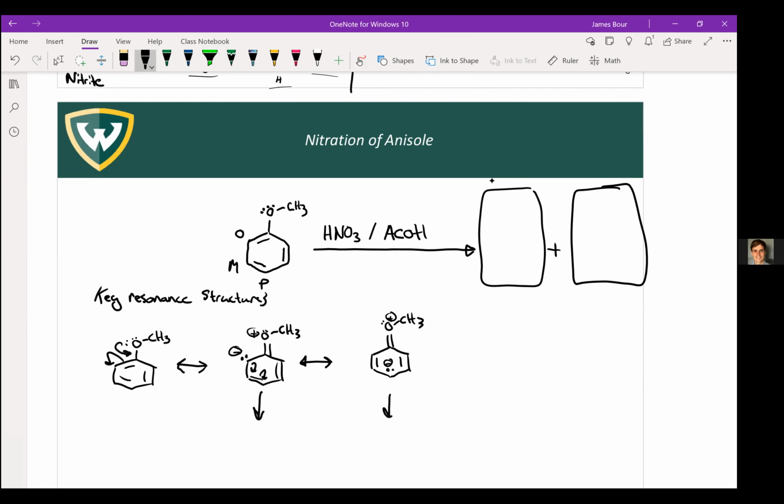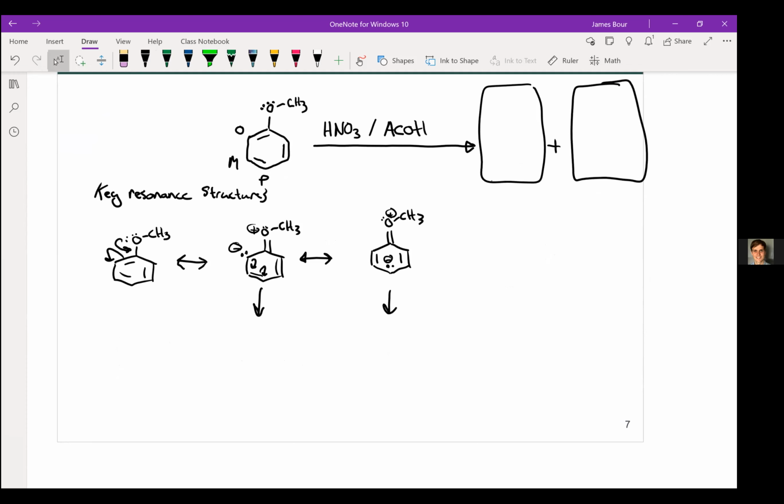Remember that the arenes in electrophilic aromatic substitutions are the nucleophile. And so where they have the greatest regions of electron density is where they're going to react with electrophiles. So we'll put our N next to them, nucleophiles, and our electrophile in these nitration reactions is the NO2+, the nitronium ion.